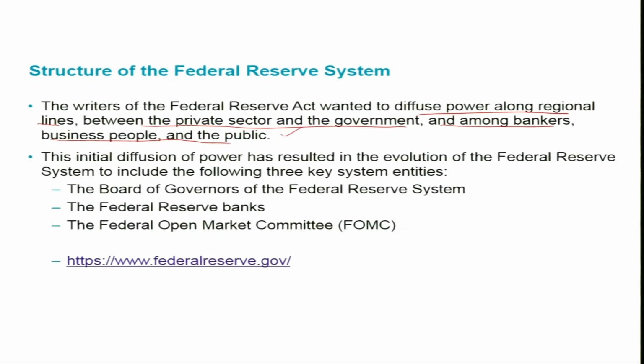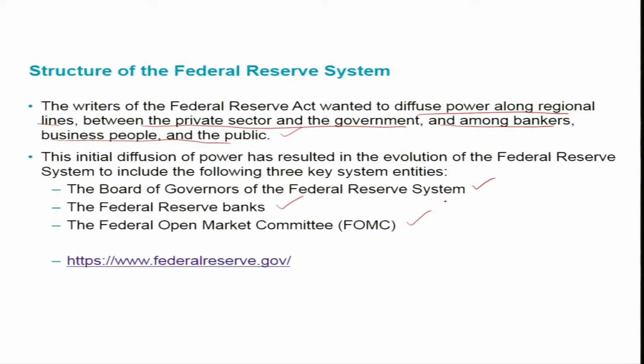The initial diffusion of power has resulted in the evolution of the Federal Reserve System to include three key system entities: the Board of Governors of the Federal Reserve System, the Federal Reserve Banks, and the Federal Open Market Committee.